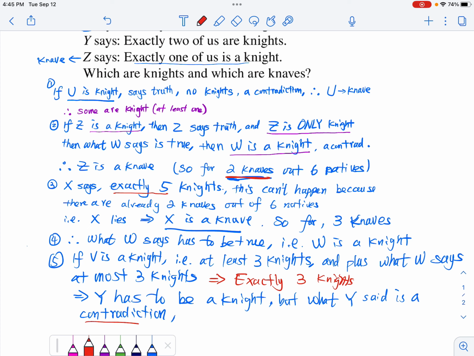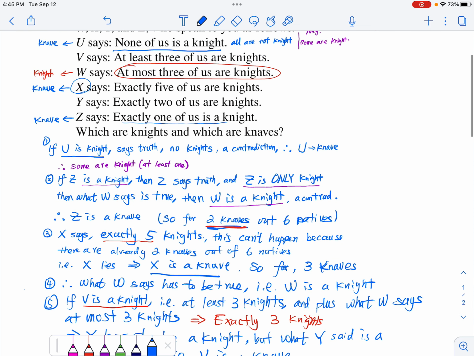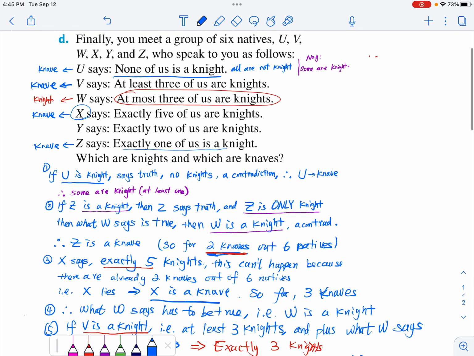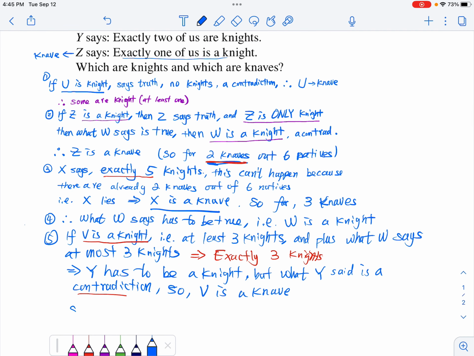When you have a contradiction, what you assume is not true. So therefore, V is a knave. Now, so far, how many knaves do we have? 1, 2, 3, 4. U, V, X, Z. They're all knaves, right? 4 knaves now. So far, 4 knaves.